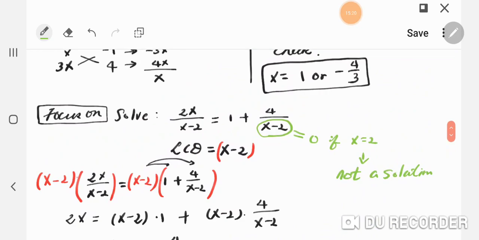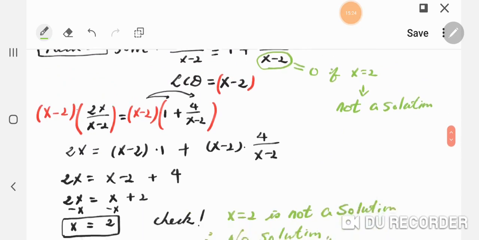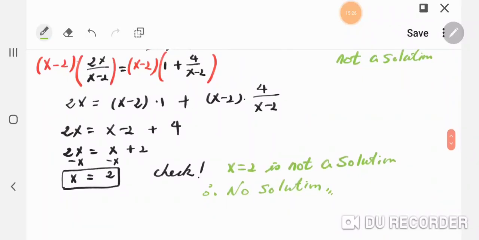So it is a restricted value, and we will not include 2 as a solution. It's really important to check the solution that you found. If that number makes the denominator 0, then eliminate it from the solution.